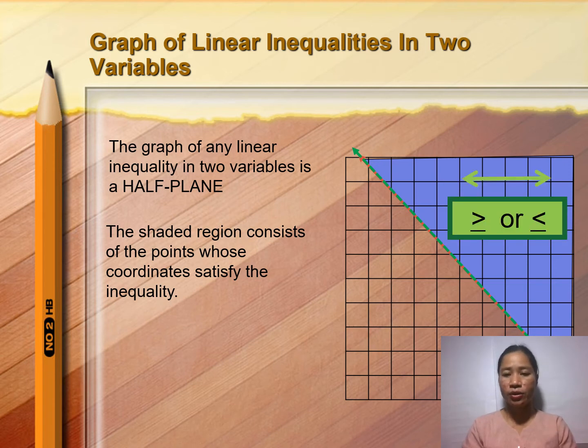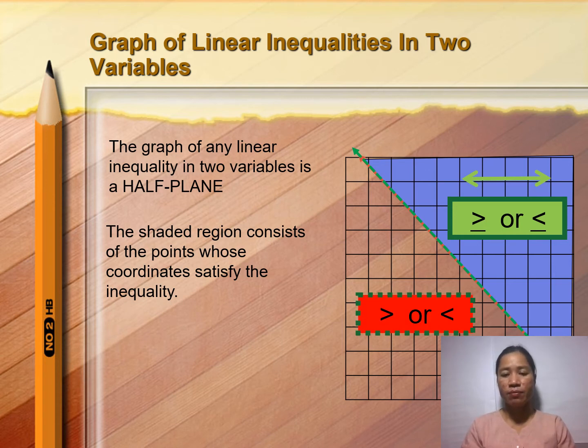We will use a solid line if the symbol of our inequality is greater than or equal to, or less than or equal to. Then, we will use a dotted line if the symbol is less than or greater than.